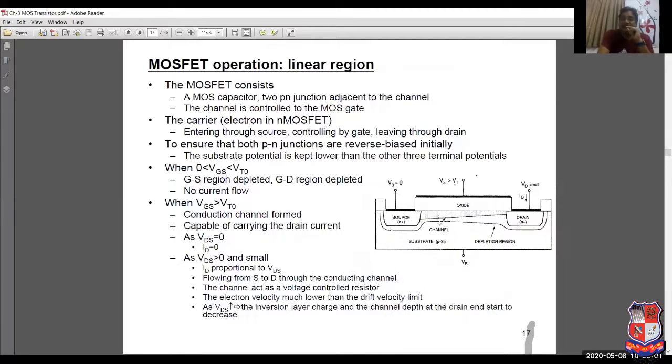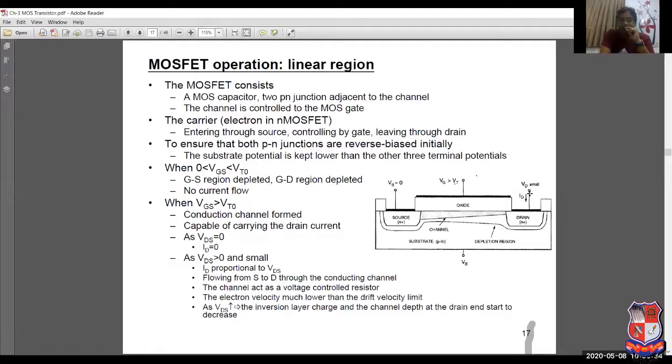The second condition in which the MOSFET works is the linear condition. In this case, your MOSFET is on, so the channel is created, which means your VGS is greater than VT. Now your drain to source voltage VDS is applied, and initially your VDS is less than VGS minus VT, or your VDS is less than VDS saturation. During this region, as you increase the VDS, the current also increases linearly, and this characteristic region is known as the linear region.